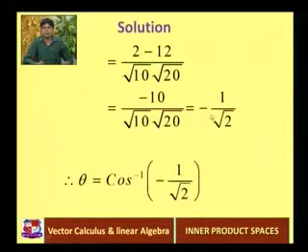That can be simplified, and it is nothing but minus 1 upon under root 2. So that is the value of cos theta. So theta can be written as cos inverse of minus 1 upon root 2. So here we saw how to find the angle between two vectors using the Euclidean inner product.